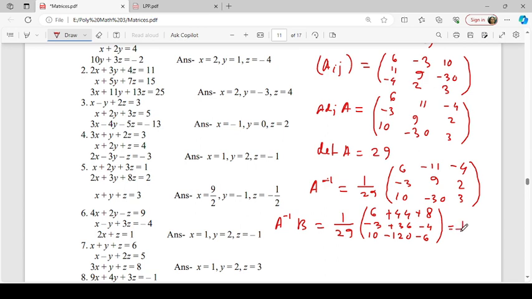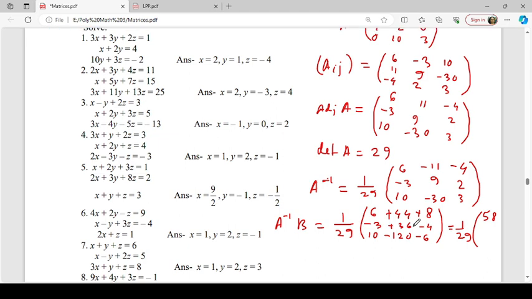So this is equal to 1 by 29. This is 58. Then what is this one? It should be equal to 1. So 6 minus 7 is 29, and it is 4 minus 124.